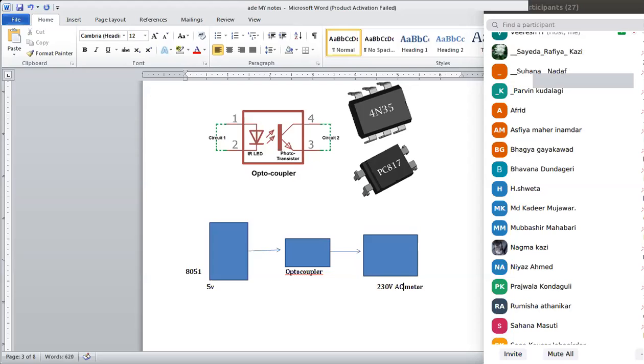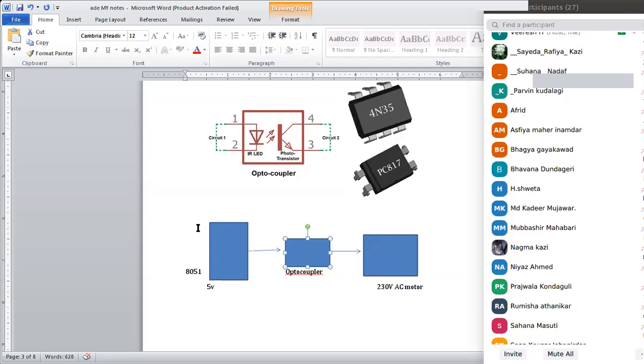We want to control this AC motor with the 8051 microcontroller, so we write some programs and make some connectivity between the 8051 and the 230 volt AC motor. Now our worry is, if something goes wrong in the 230 volt AC motor, that should not affect our 8051 microcontroller. For that purpose I am using an optocoupler in between the 8051 and the AC motor.